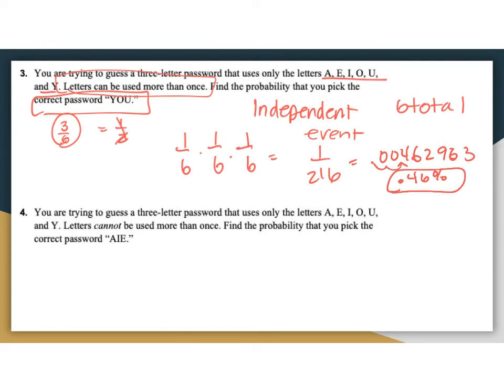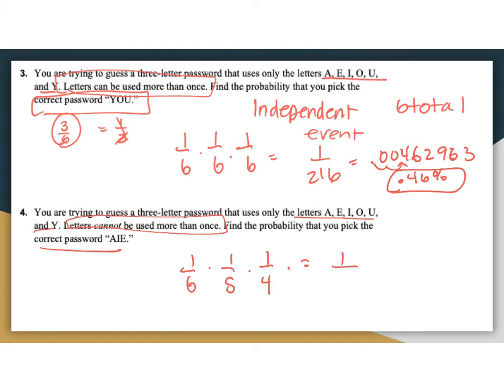On letter B, you are trying to guess a 3-letter password that only uses the letters A, E, I, O, U, and Y. Letters cannot be used more than once. Find the probability that you pick the password A, I, E. Okay, so A would be 1 out of 6. If you don't replace the letter, then I would be 1 out of 5, and E would be 1 out of 4.